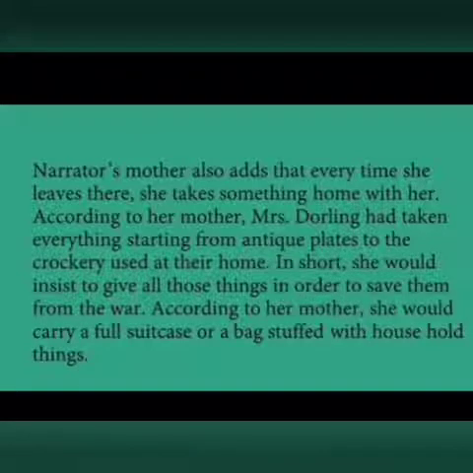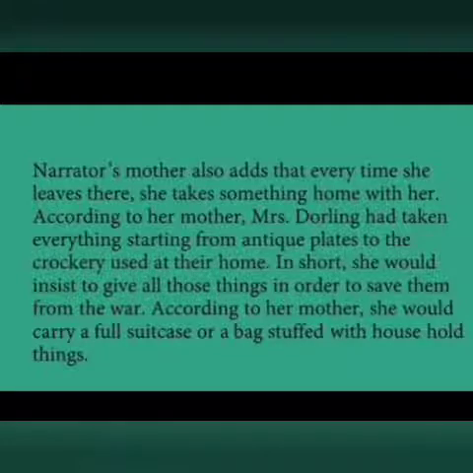Narrator's mother also adds that every time she leaves there, she takes something home with her. According to her mother, Mrs. Darling had taken everything, starting from antique plates to the crockery used at their home.